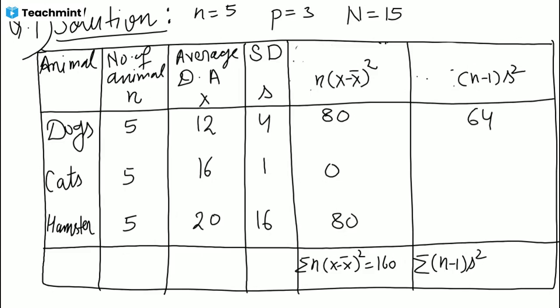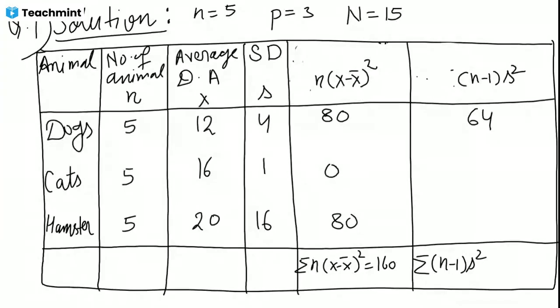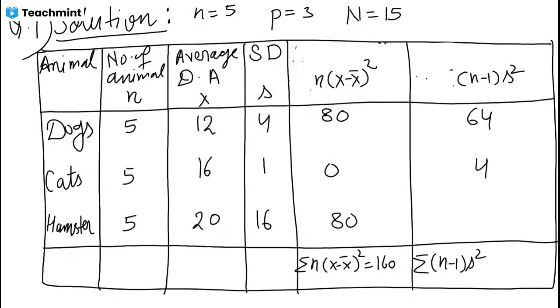Yes, ma'am. And n minus 1 is 4 only, and into 1 square because s square is 1 only, so we have 4 here. And 16 square is 256 because we are taking it as a square. So 256 into 4, we have 1024.